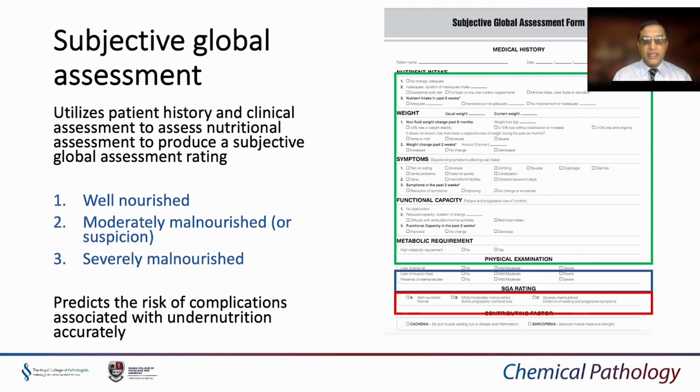This utilizes the patient history and clinical assessment to produce a subjective global assessment rating. The rating can classify patients into a well-nourished, a moderately malnourished, and a severely malnourished category. It then is able to predict the risk of complications associated with undernutrition accurately.